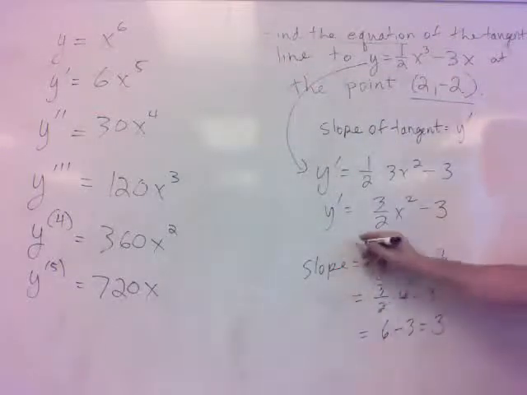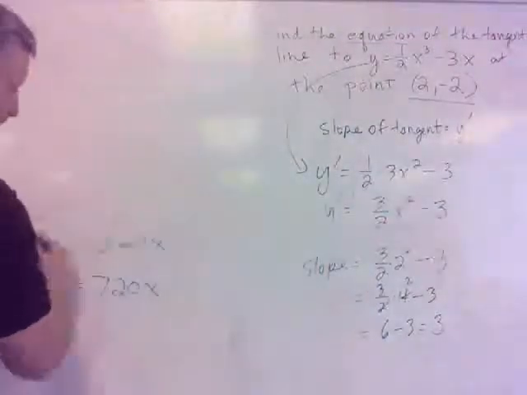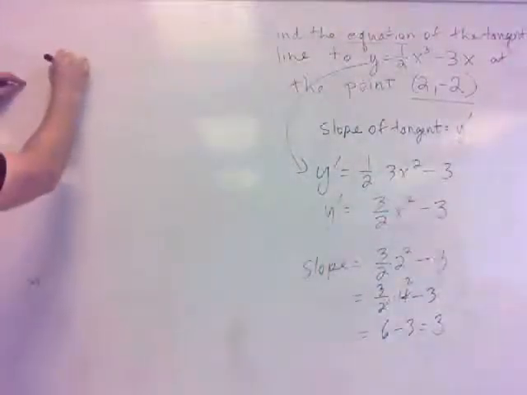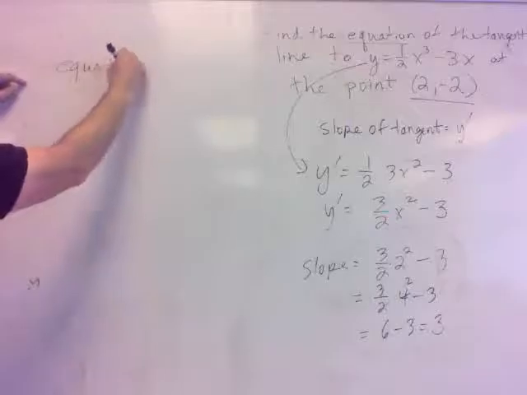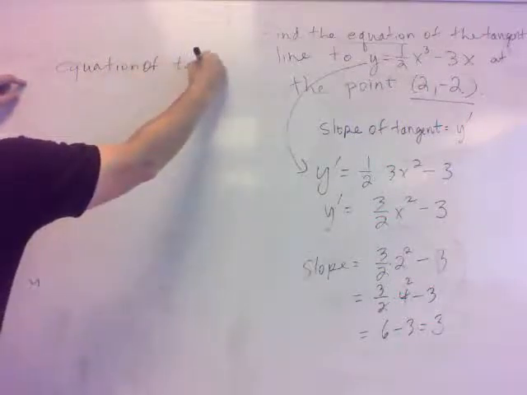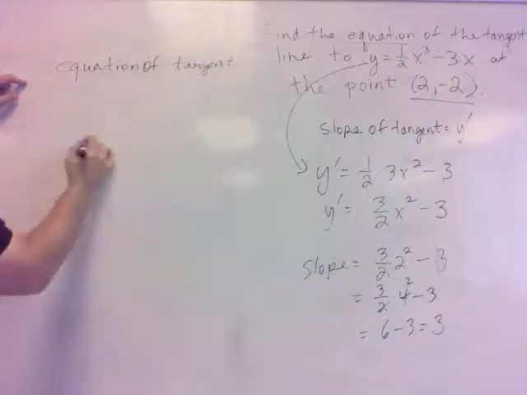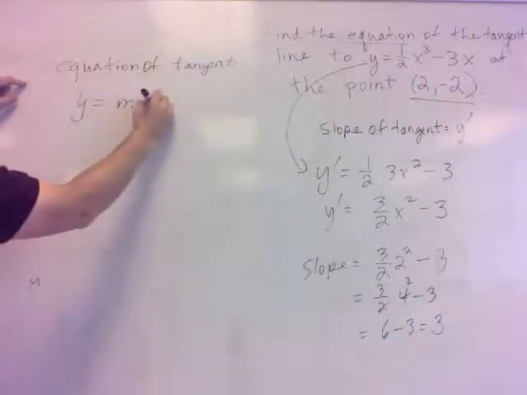Now I have the slope of the tangent line. What's the equation then of the tangent line? Well, different ways to do it. If you want to do it this way, the equation of the tangent line, you just want y equals mx plus b.